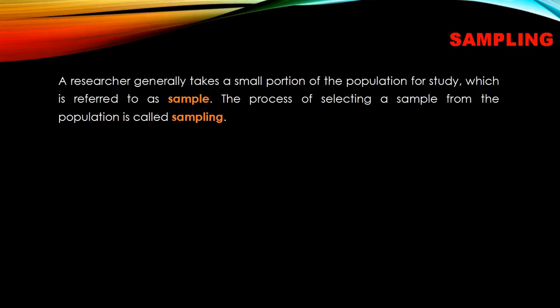So to simplify things, the researcher takes a small portion of the population and tries to study the parameters, the characteristics and the features of that small portion of the population. And once that study is accomplished, he tries to map the parameters of the sample with the parameters of the population. So this entire process is called sampling.